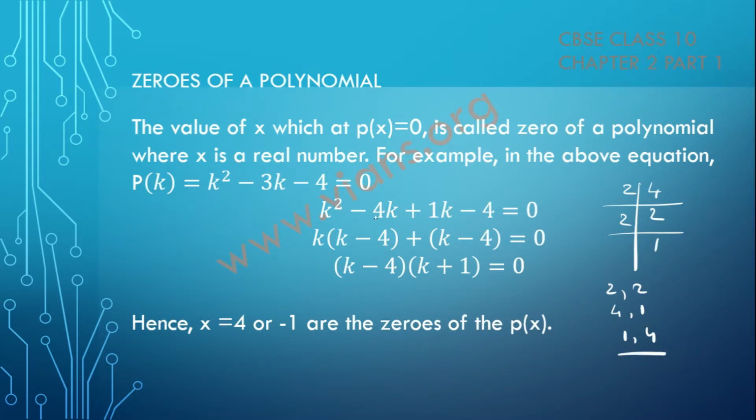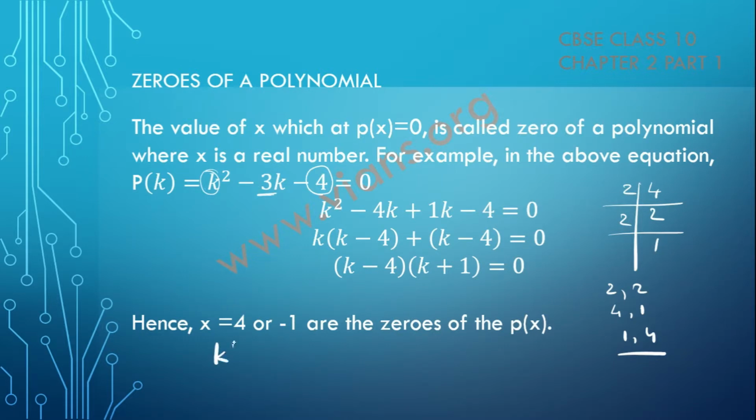Now you need to write it in such a way that the sum of the numbers over here would be minus 3, and the product of these numbers would be the multiplication of the constant of the first k square as well as 4. So what would that be? For example, if I wrote this as minus 4k, minus 4 into 1 would give me minus 4, minus 4 plus 1 would give me minus 3.